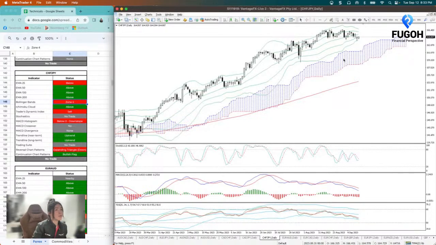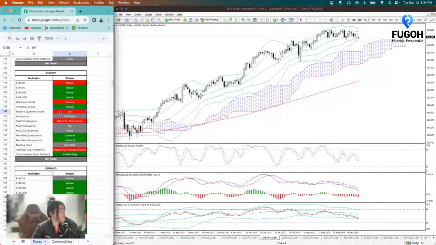And then Ichimoku Cloud is still above. The TDI is above 50, but below, so that's a no trade. Stochastics is in the middle, so no trade as well.